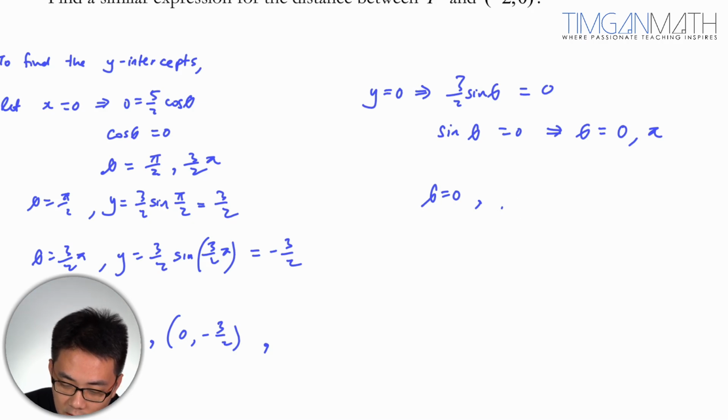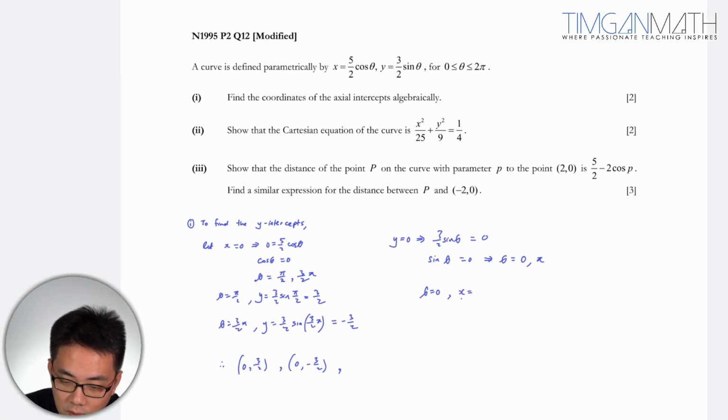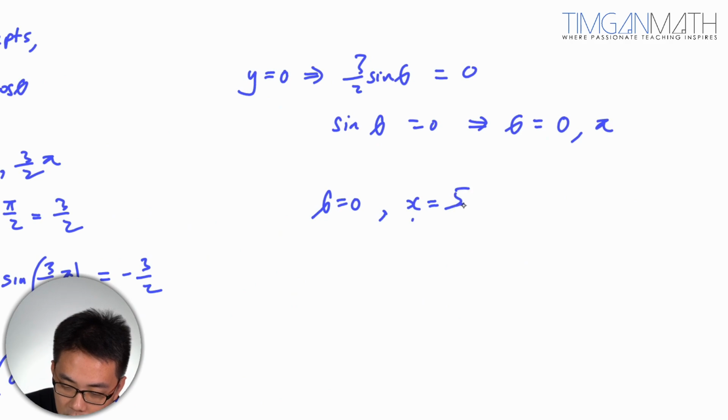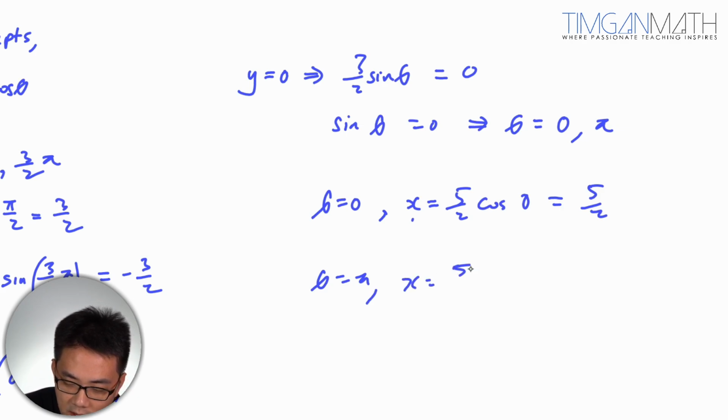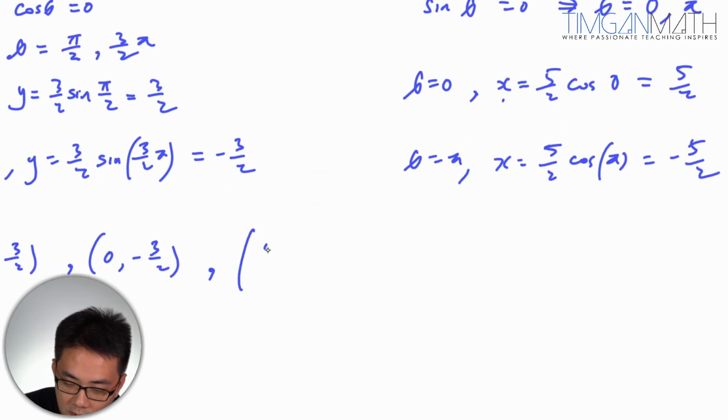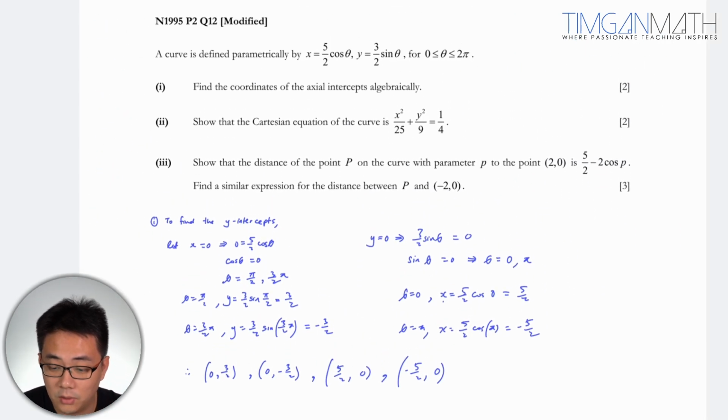So x equals 5 over 2 cosine 0, which is 1, so 5 over 2. And when theta equals pi, x equals 5 over 2 cosine pi, which is negative 1, so negative 5 over 2. So the x-intercepts will be 5 over 2 comma 0, and after which is minus 5 over 2, 0. Okay, so that's how we do the first part.